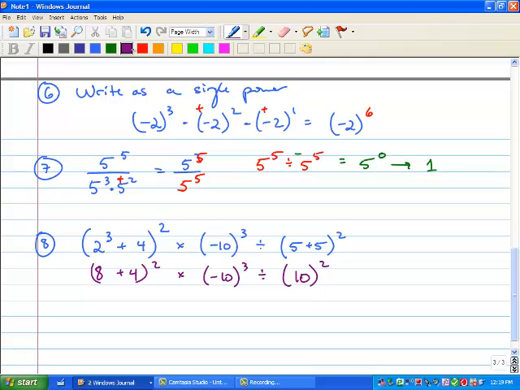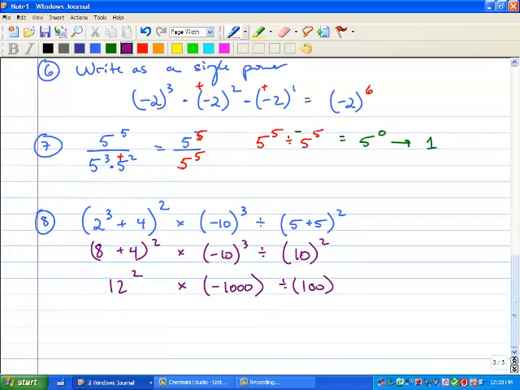All right, now we're going to do our brackets. We've got 12 squared times, and we're going to go negative 10 times negative 10 times negative 10 is going to be negative 1,000. And divided by 10 squared is 100. All right, so we still have 12 squared to do. That's going to be 144, because that's 12 times 12.